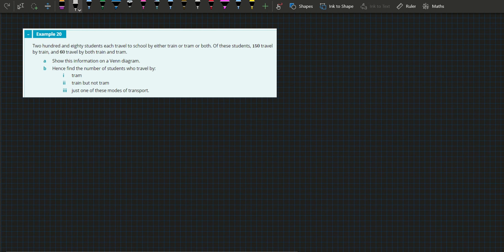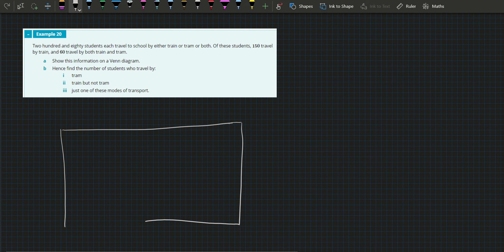So for our first one, I'm going to have my superset, or my set of everything. In here we'll put xi, okay, and what have we got? There's 280 students. So that means the size of xi is equal to 280.